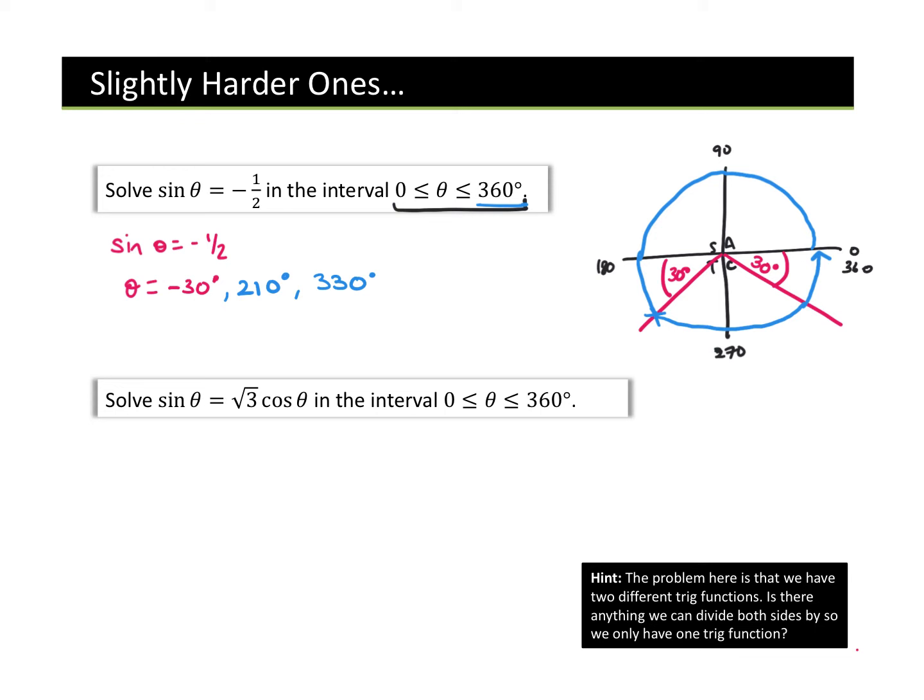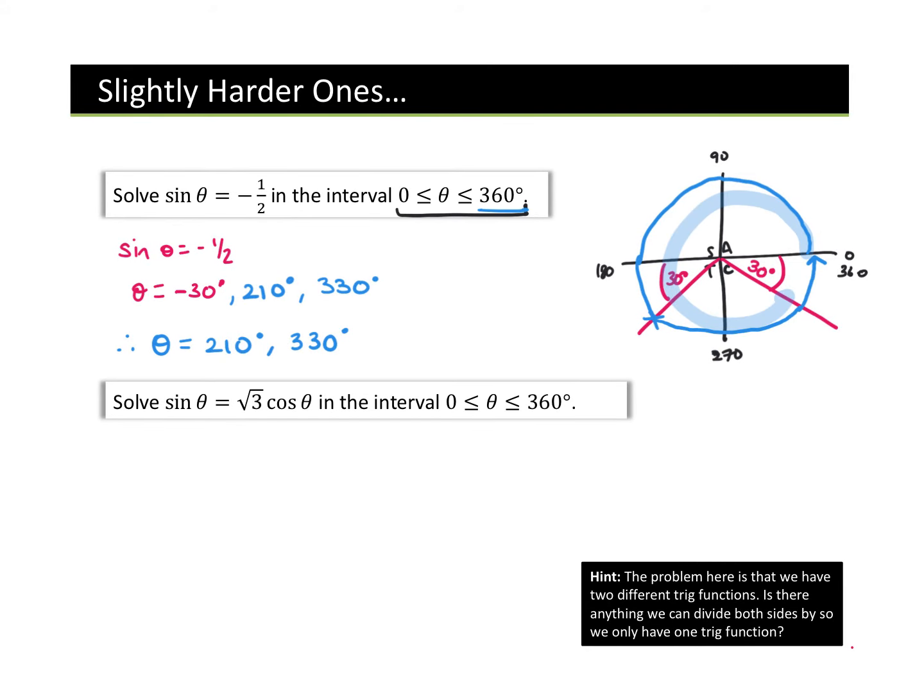The question says it only wants it between 0 and 360. So therefore, even though we used that minus 30 to help us, it's not included in the final answer because it does not want any negative values of theta. It only wants theta between the interval of 0 and 360 degrees. So our final answer is 210 degrees and 330 degrees.